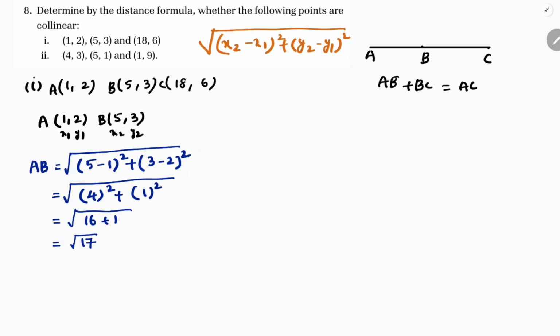Now B and C. B is 5, 3, C is 18, 6. So now this is x1, y1, x2, y2.